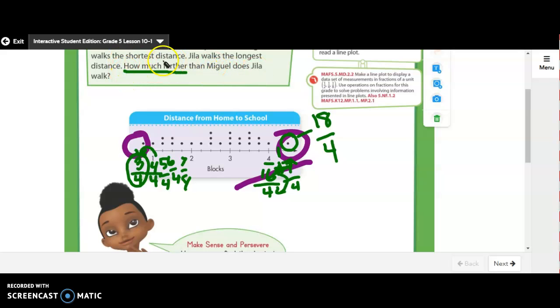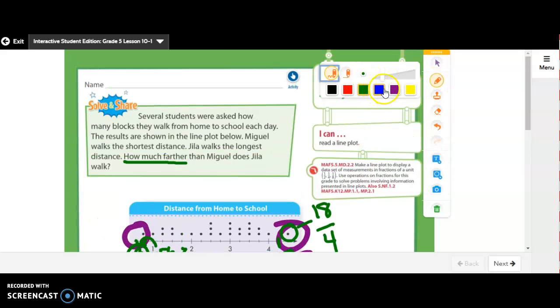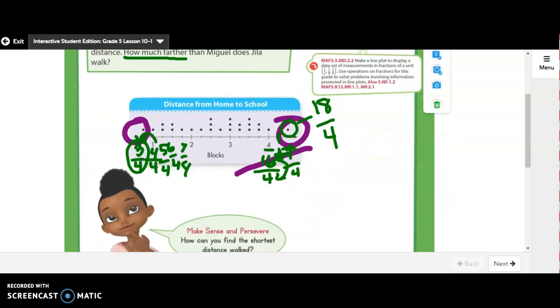When I see something that's asking how much more or how much farther, I know that means I'm going to subtract. So I have Jilla's distance, which is 18/4 of a block, and I have Miguel's distance of 3/4 of a block. So in order to figure out how much farther Jilla walks than Miguel, I have to subtract those.